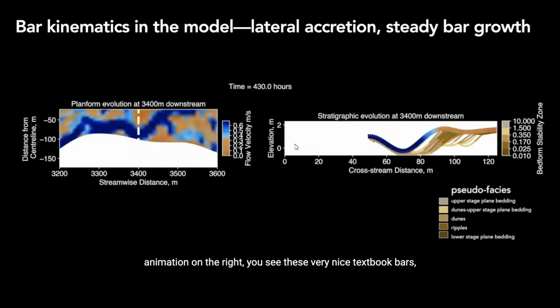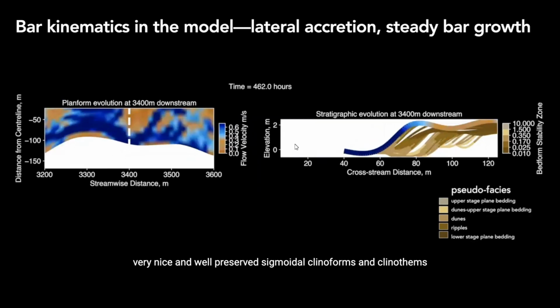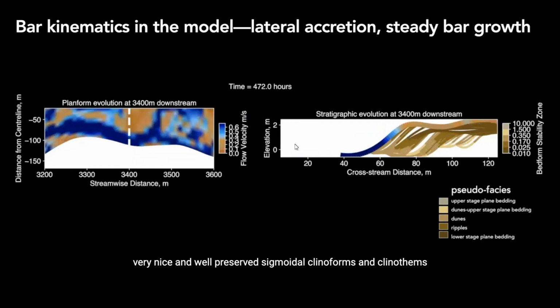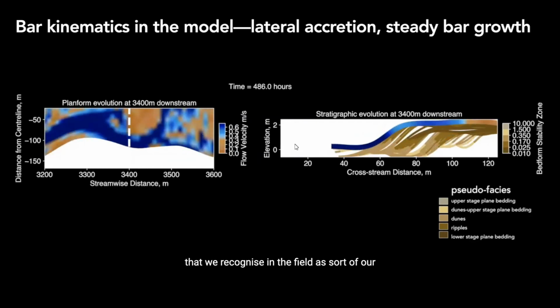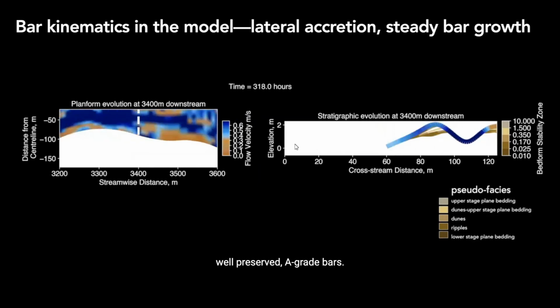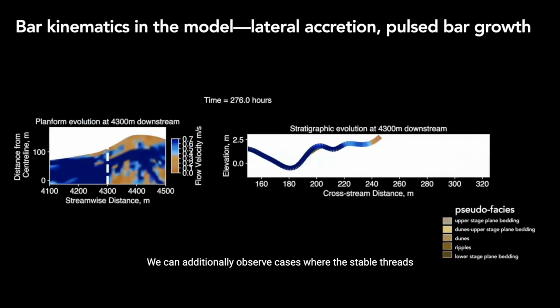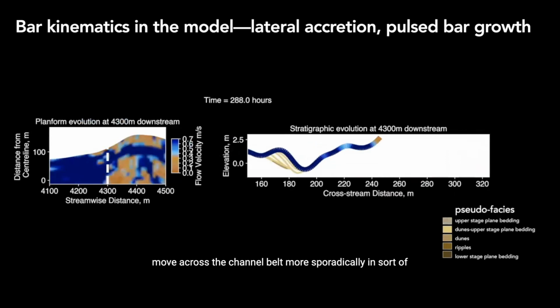You see these very nice textbook bars laterally accreting across the channel domain, giving us these very nice and well preserved sigmoidal clinothems and clinoforms that we recognize in the field as sort of our A grade, well preserved bar deposits.